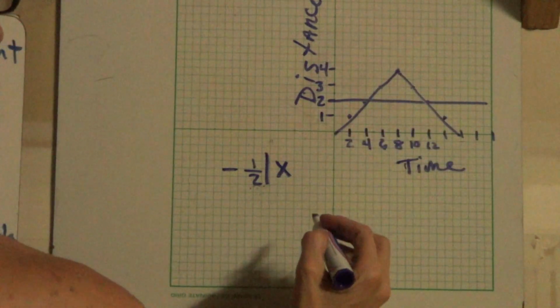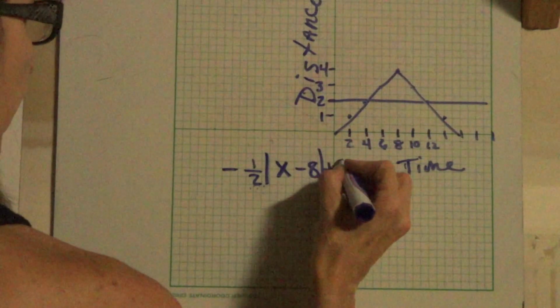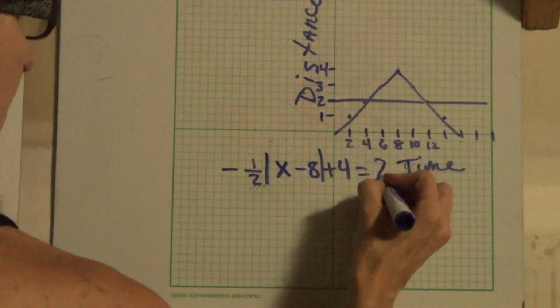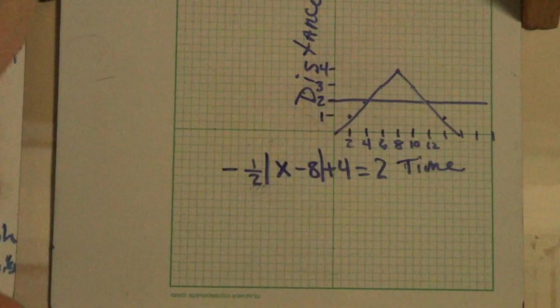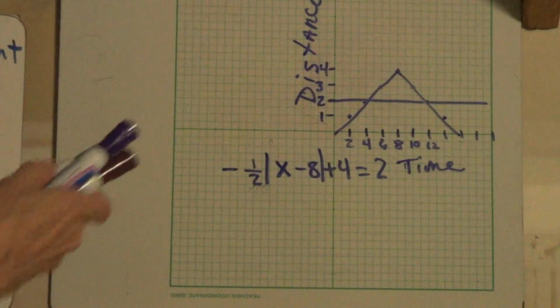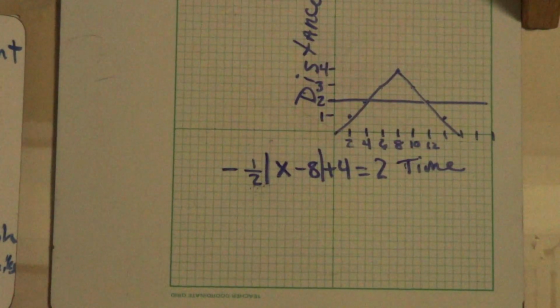It's at (8, 4), so |x minus 8| plus 4 equals, and we'd set it equal to that 2. And we could also solve it that way. So it's easiest to me to graph that kind just so you can get the equation if nothing else, but it might not hurt to check it by the equation. Okay, we'll see you in class. You're going to do something like that.